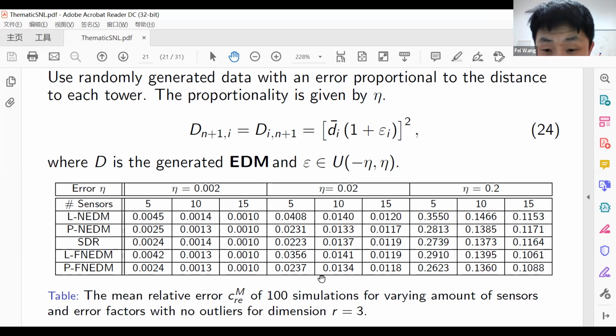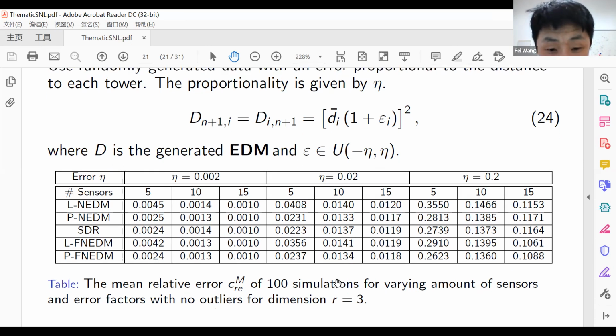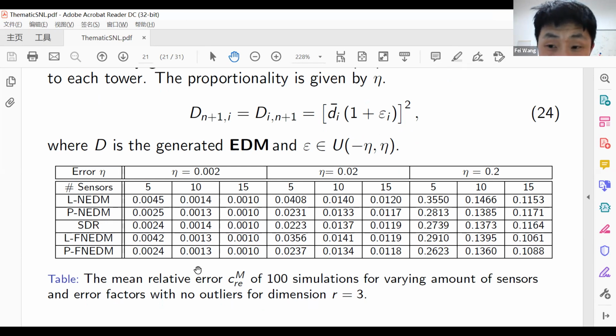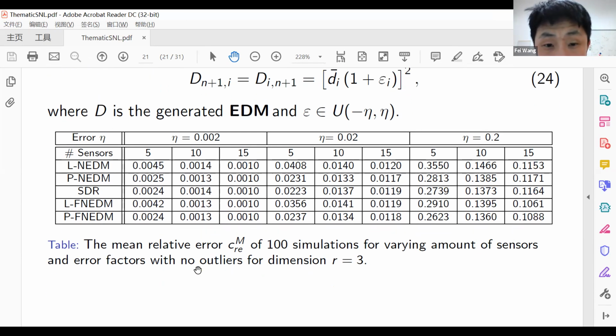In this table, there is no outlier. You can see that in most cases, the FNEDM is actually quite good.